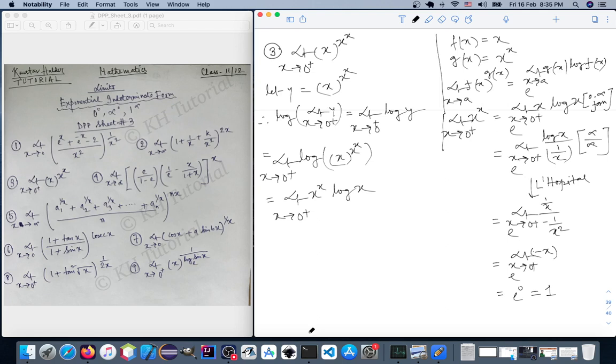So to solve this, we know that the limiting value of x to the power x when x tends to 0 positive is 1, and the limiting value of log x at x tends to 0 positive is minus infinity. So this equals 1 times minus infinity, because the limiting value of x to the power x we just calculated to be 1.